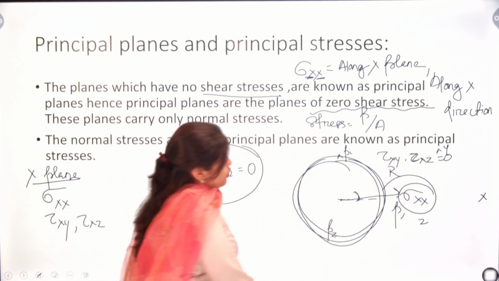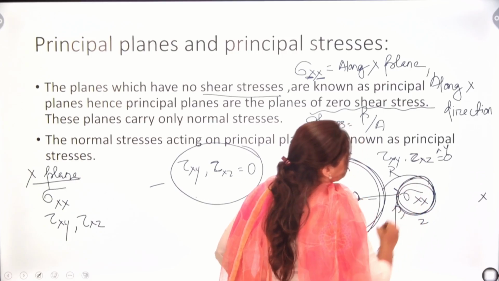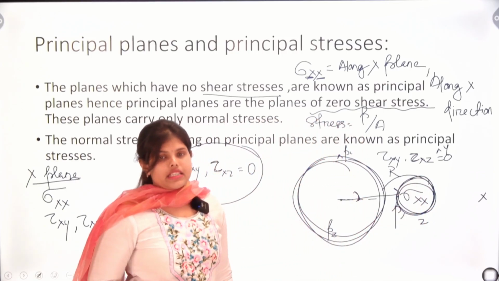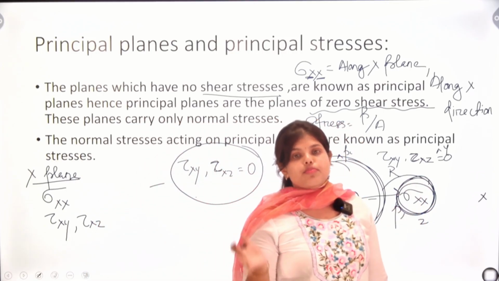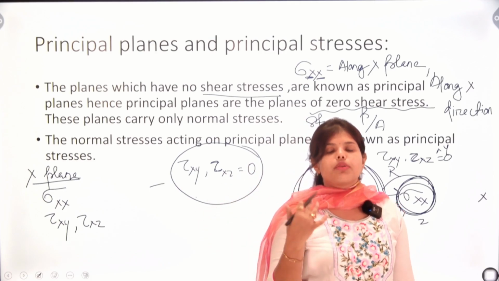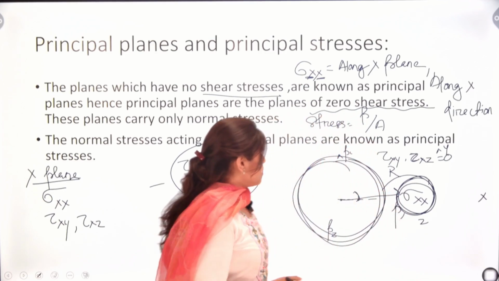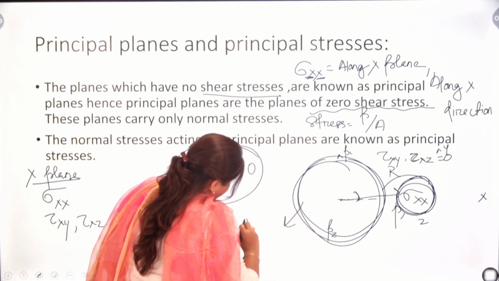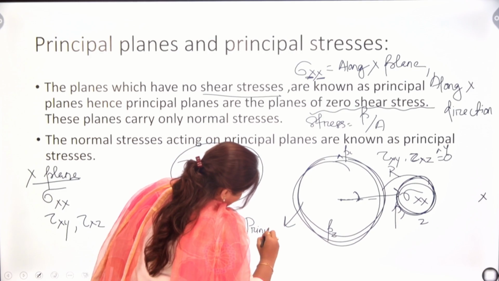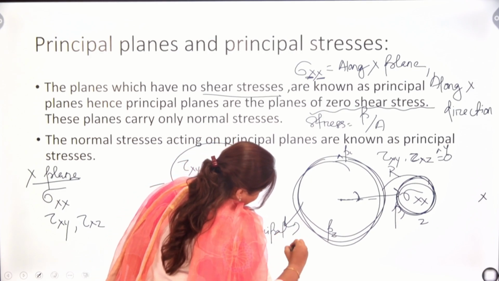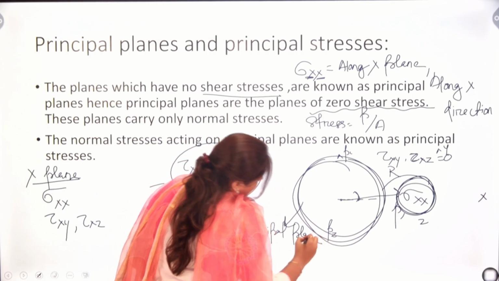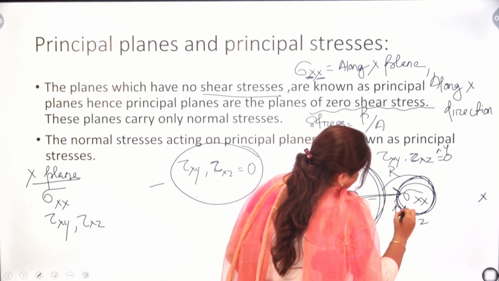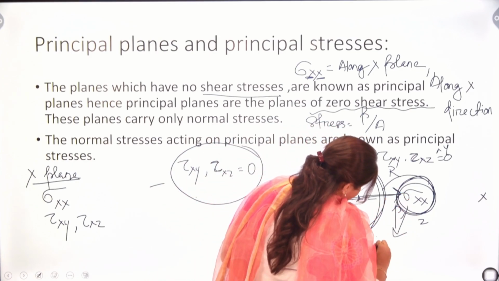Also we have termed that as normal stress till now. In case of any normal stresses present in principal planes, we term that as principal stress. Okay, so now what happens? This plane becomes our principal plane and this sigma xx becomes our what?